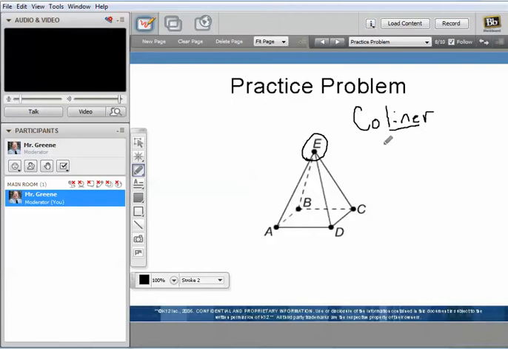Well, E and C are on the same line, aren't they? You'll see there's a line that runs between them. They would be considered collinear. And if I put another point in here, that would be collinear as well with E and C. But it would not be collinear with E and D because it's not on the same line that E and D are on. So it would be a non-collinear point there.